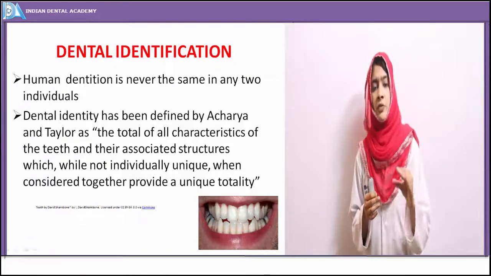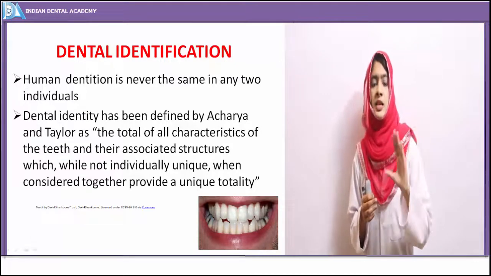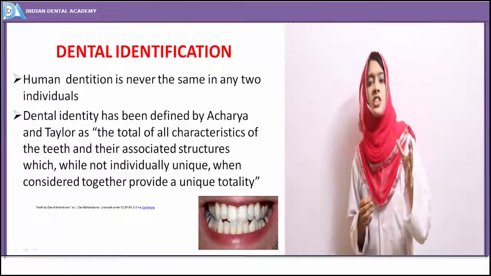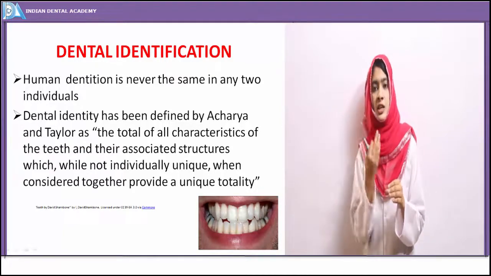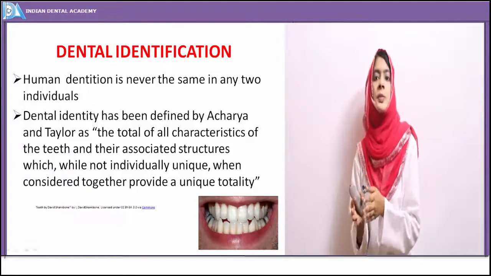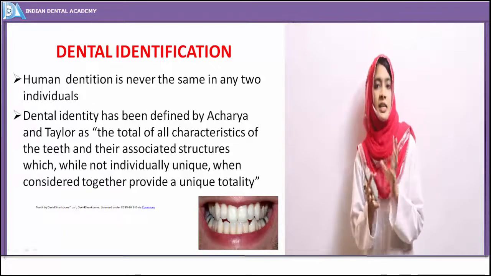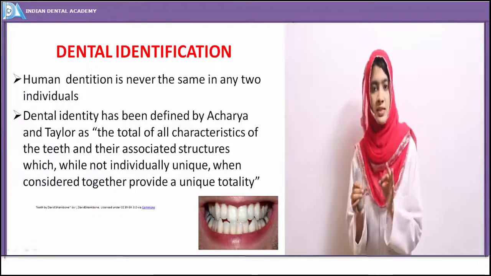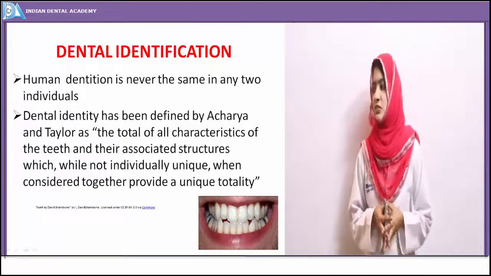Those photographs or pre-treatment x-ray records are compared with the records obtained after death, that is the post-mortem. Both are compared, so that helps us in concluding who the individual is. That is nothing but dental identification.